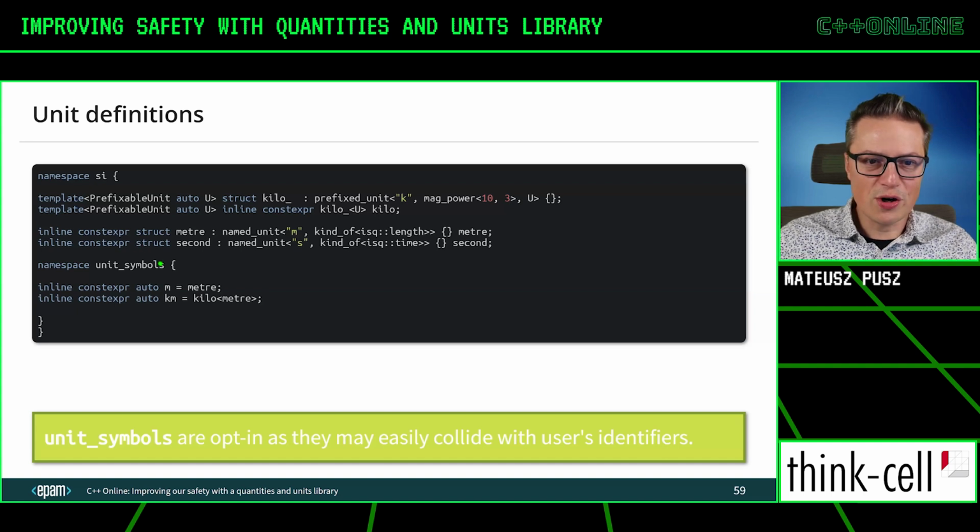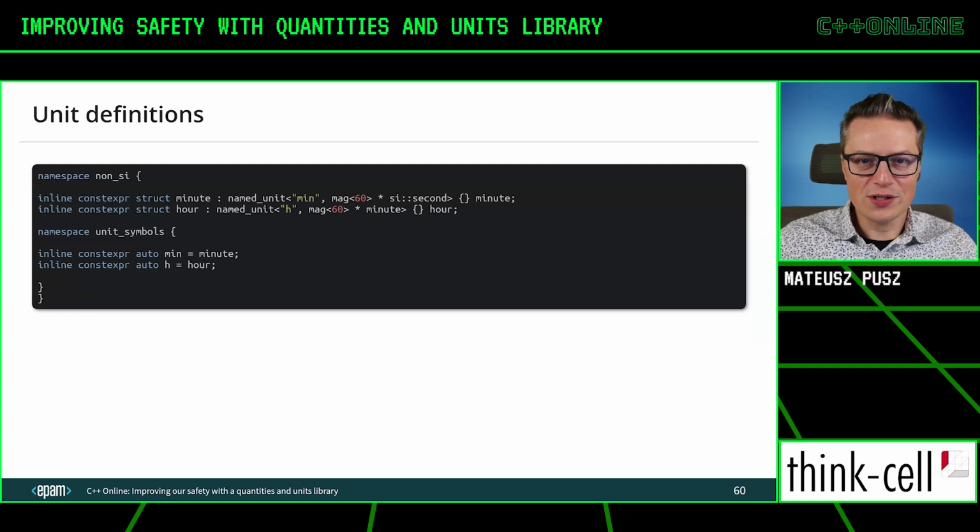Notice that unit symbols are opt-in and not brought by default in the namespace because they may easily collide with your user identifiers that you use for something else. That's why they're not part of the namespace. They are not brought by default. You have to explicitly opt in to use them.